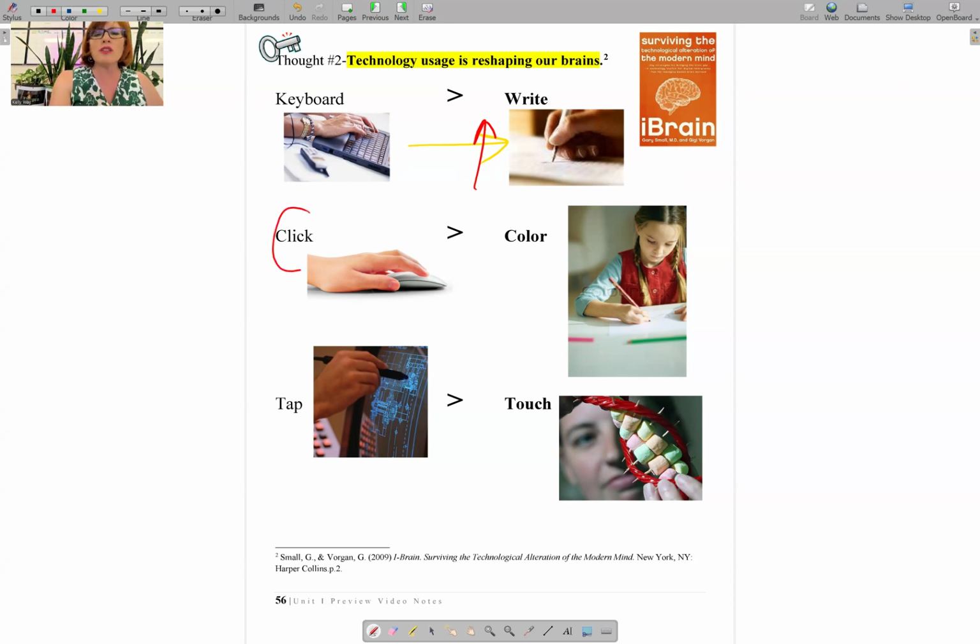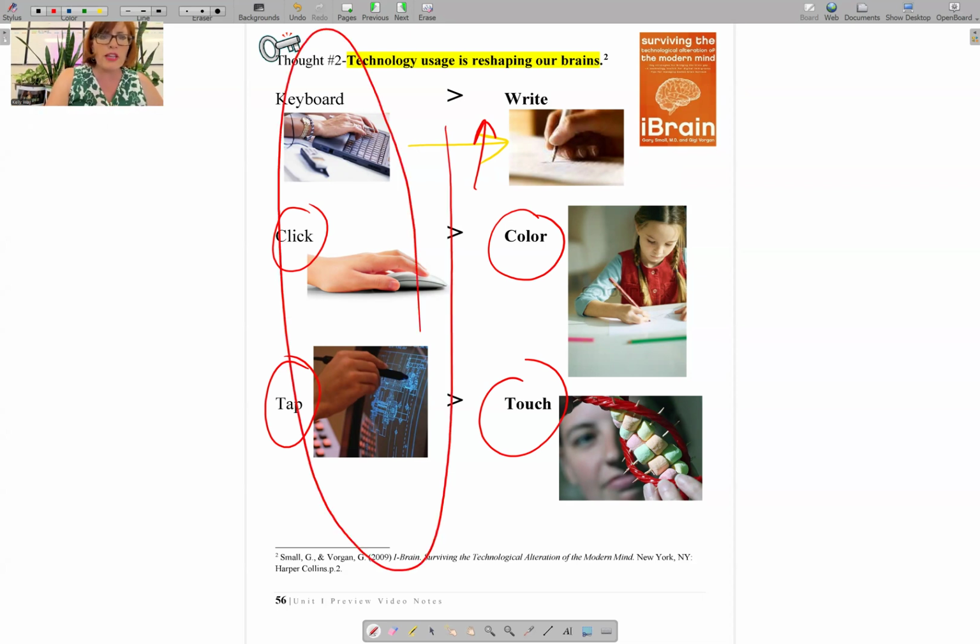We tend to click on stuff instead of physically shading and tracing and coloring. In general, we're tapping on screens more than we're physically touching the real world. Because we do more of this, it's causing our brains not to be wired together as efficiently or as effectively as God had designed our brains to be wired together.